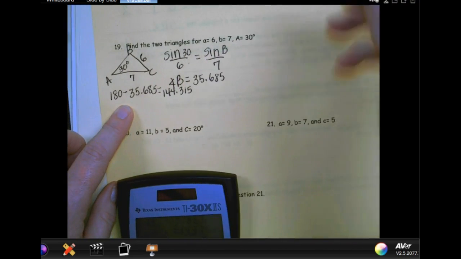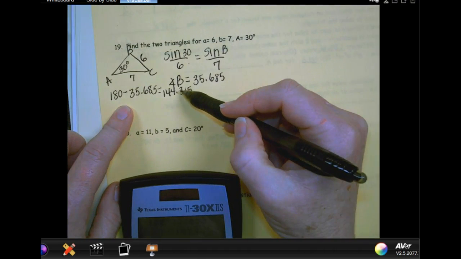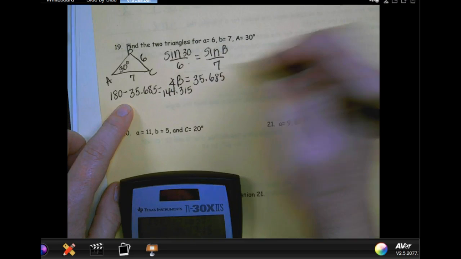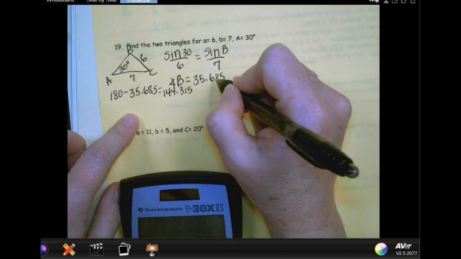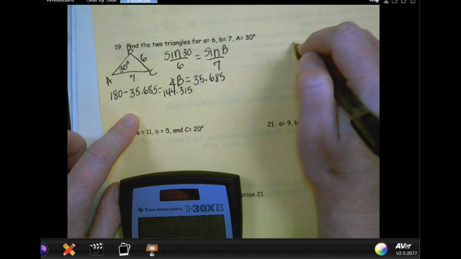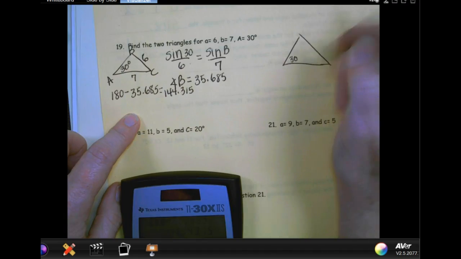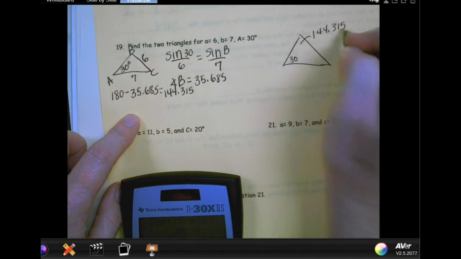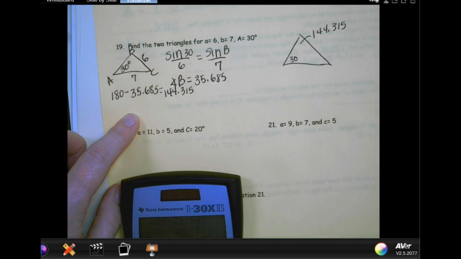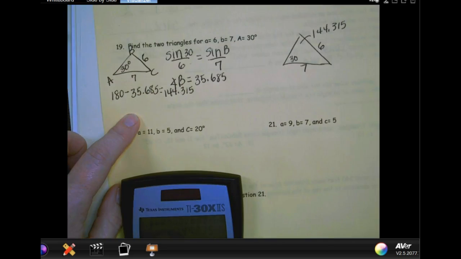Okay, so once I find this, if I take 180 minus 35.685, can I add 30 and that'll be under 180? Yes. So on this triangle, your B is 35.685. On this triangle, your B is now 144.315. It has to be under 180 for it to be a second triangle.